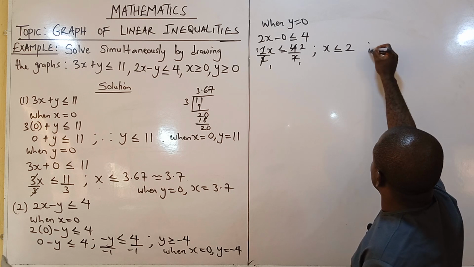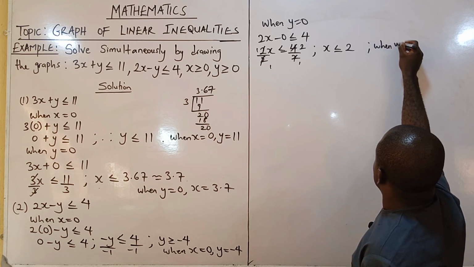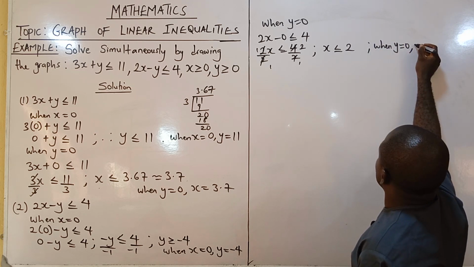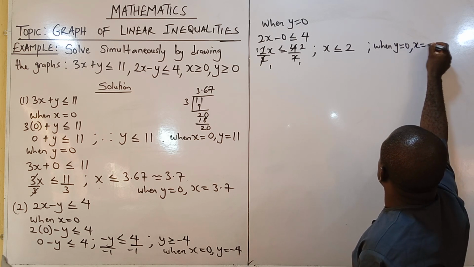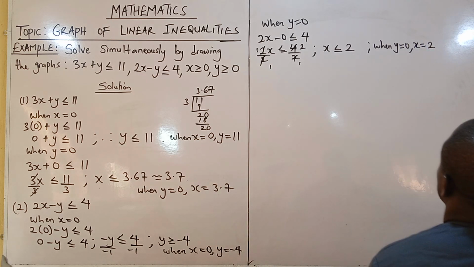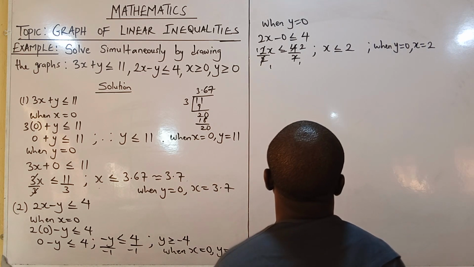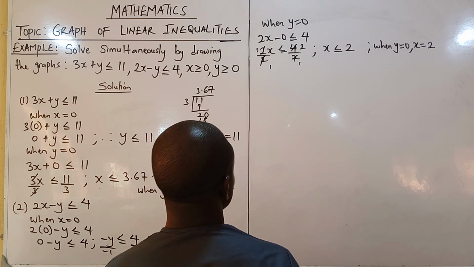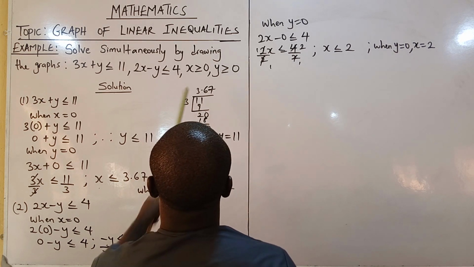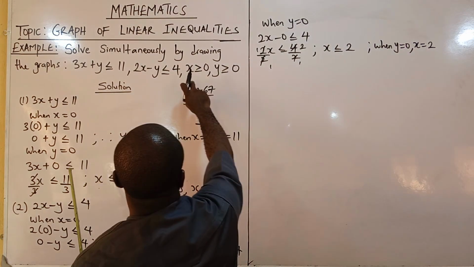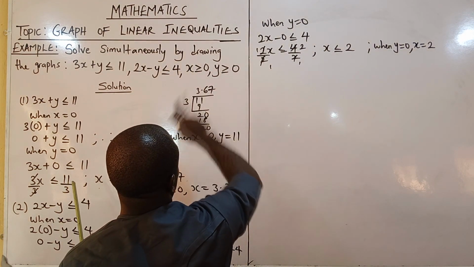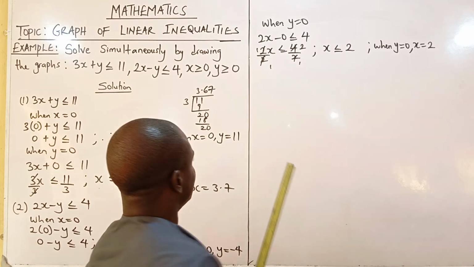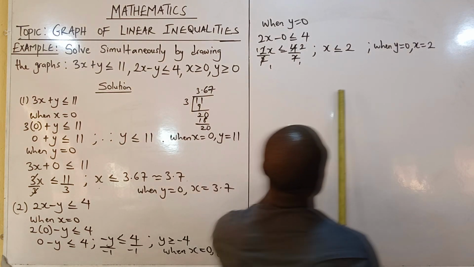So when y equals 0, x equals 2 for the second one. Now let's see the third one, x greater than or equal to 0, and the fourth one, y greater than or equal to 0. We can now plot the graph.